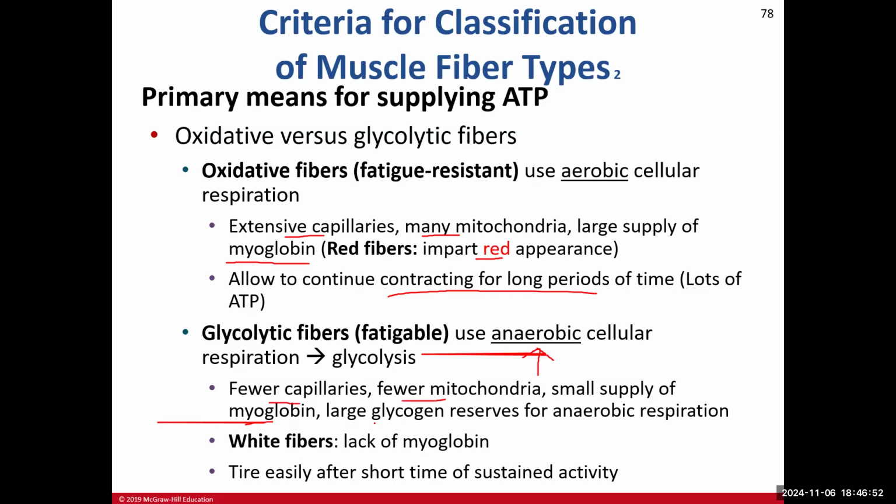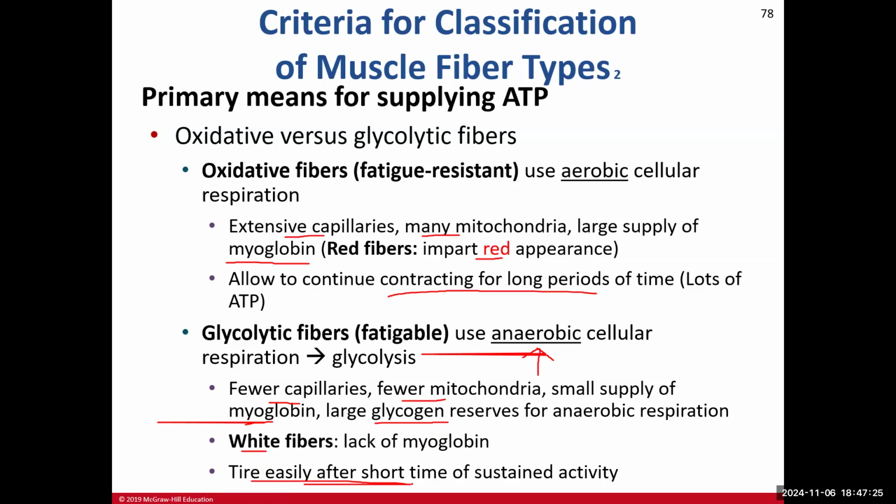But what we will see is lots of glycogen, because glycogen is the stored form of glucose. We break glycogen down into glucose, then we metabolize the glucose to get our measly 2 ATP. These types of fibers don't have a lot of myoglobin in them, so they'll appear white, but they contract for shorter periods of time because they'll burn through all their ATP.